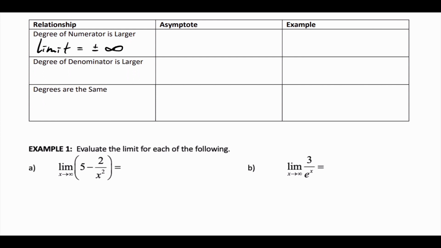Because the limit is positive or negative infinity, it means it's either going to go up forever and ever and ever or down forever and ever and ever. There's going to be no horizontal asymptote.